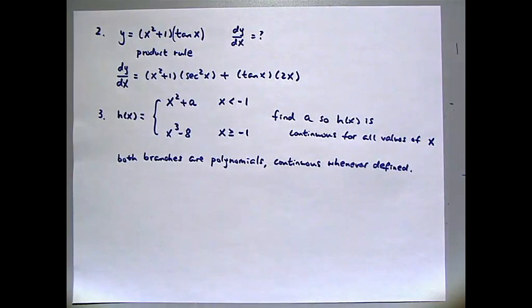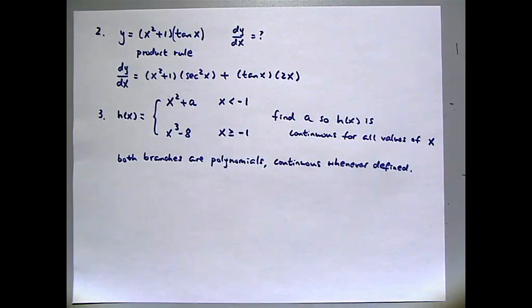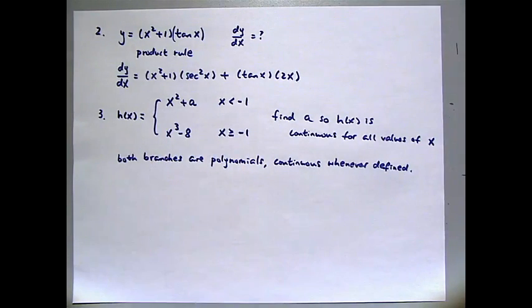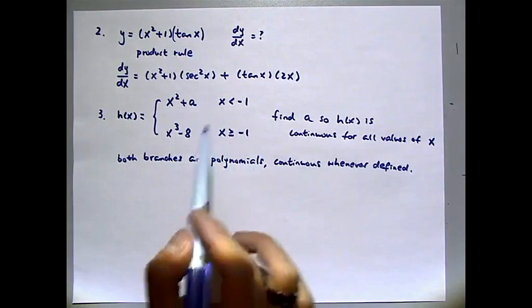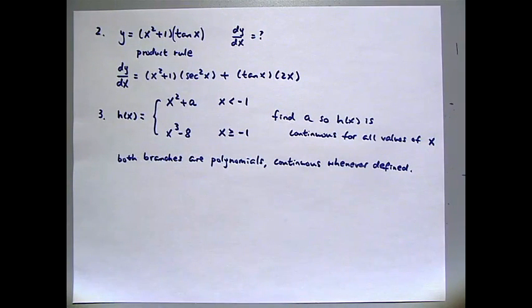And that means the only place we have to investigate further is at x is equal to minus 1, when things break apart. Away from minus 1, that's always defined, whatever a is equal to. Away from minus 1 on the right side, that's always defined and always continuous.